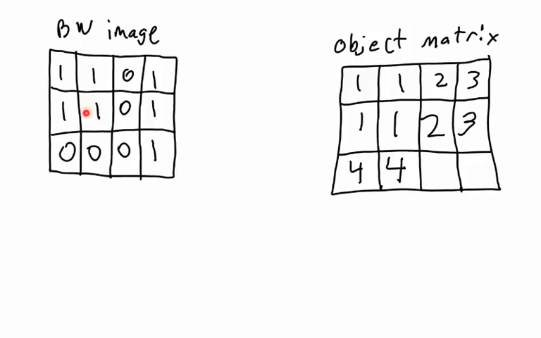Rule number 1 says that if the value here is the same as the value here, I have to use the same label. Rule number 2 says that if the BW value here and here and here are the same, then I take the smallest label number and apply it to all 3 pixels. In this case, this rule does apply.